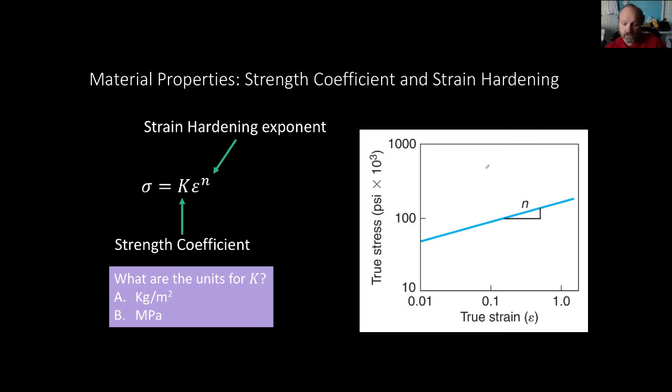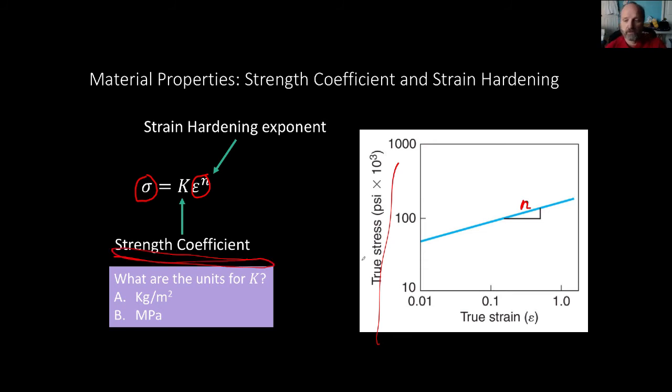Like I said, we have a straight line. So being a straight line, we can say true stress, that's this y-axis here, equals K times e to the n. That n ends up being the slope here, and K is what's called the strength coefficient.